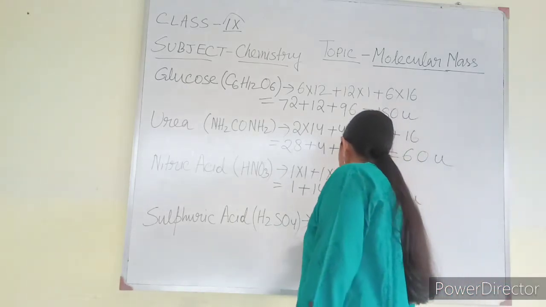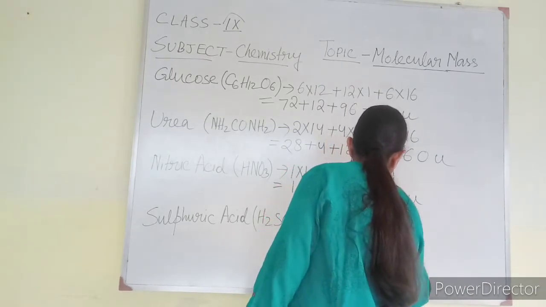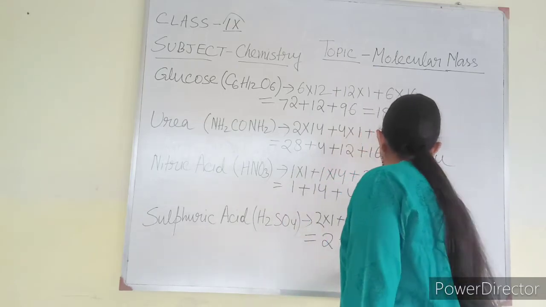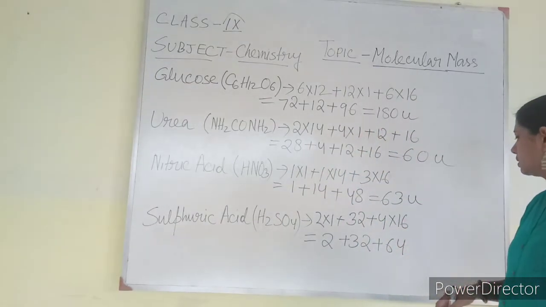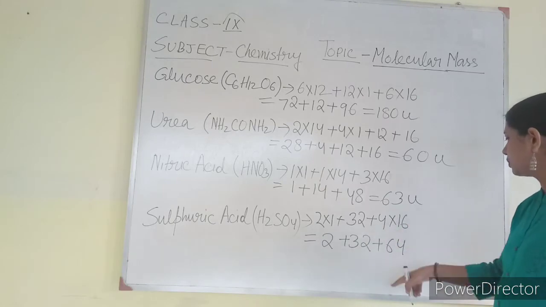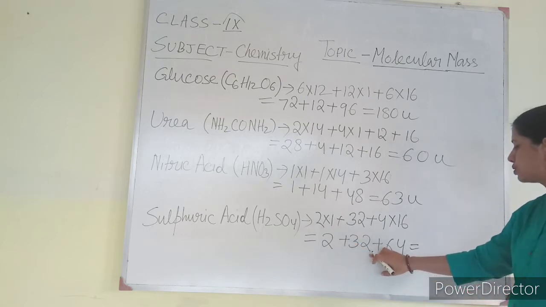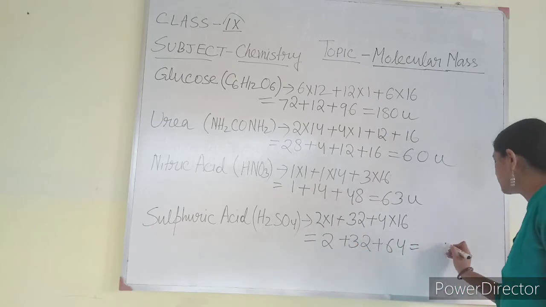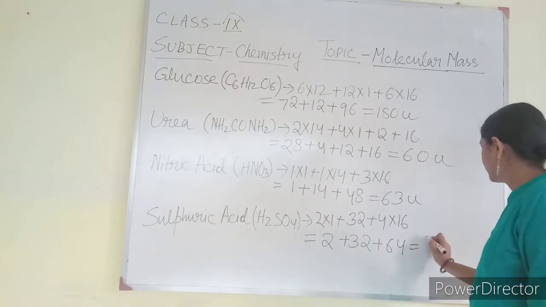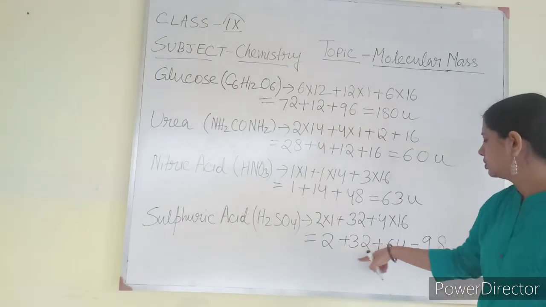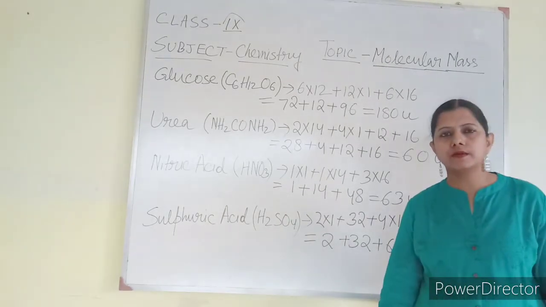So what am I going to get? 2 plus 32 plus 64. Okay. 4 6s are 24, 4 1s are 4. Yes. Now add it. 2 plus 2, 4. 4 plus 4 is 8. 98 is the mass of sulfuric acid.